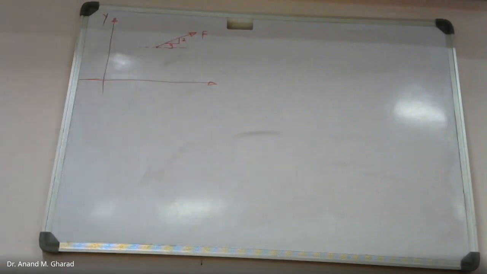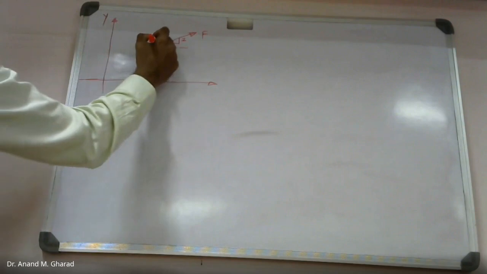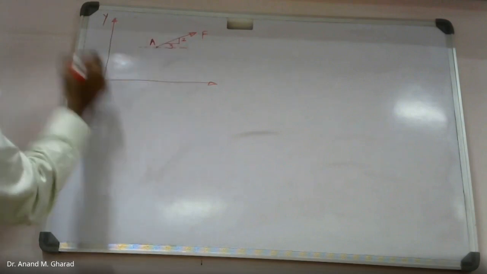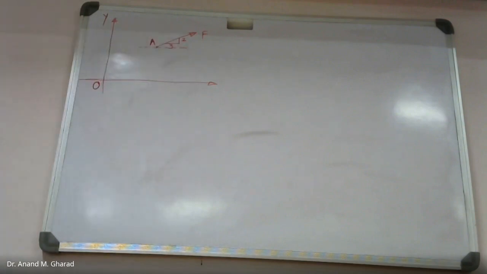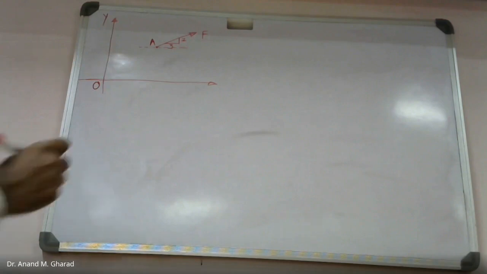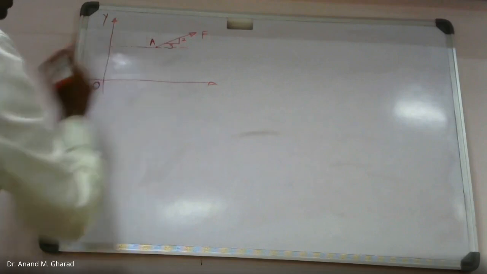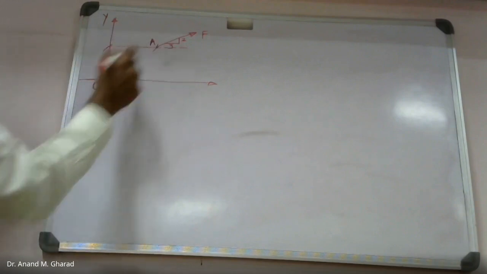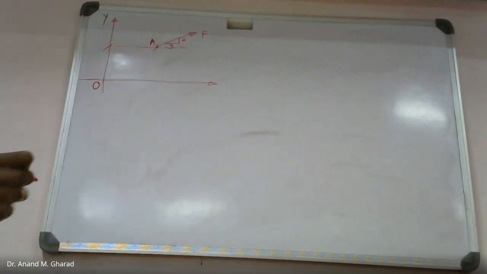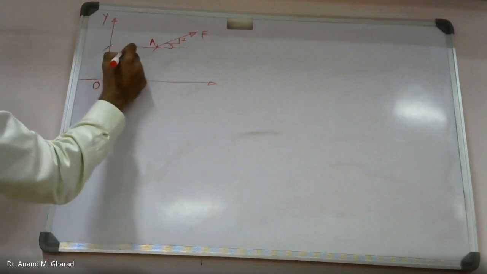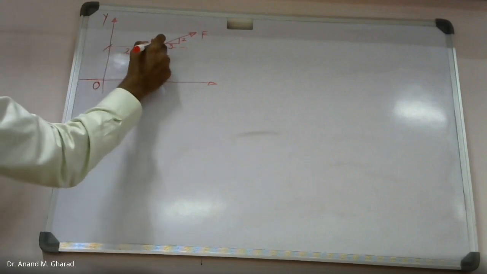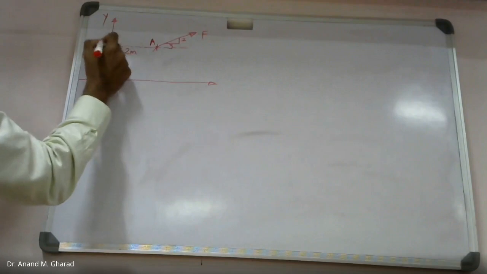This is given. This is point A. This is point O. This horizontal distance is mentioned to be 2 meters. From here to here, this is 2 meters.